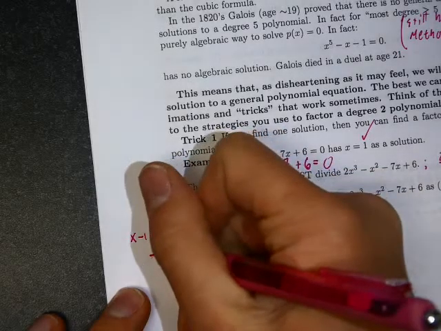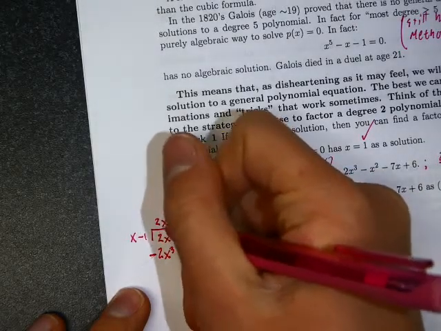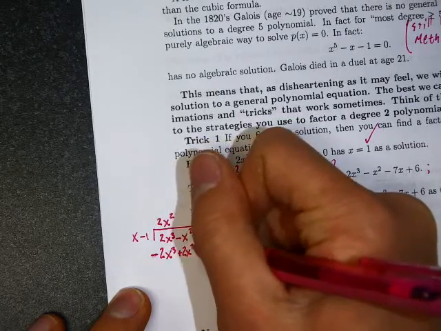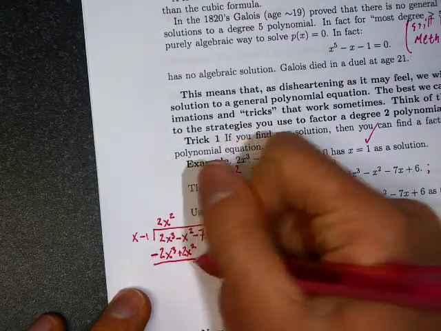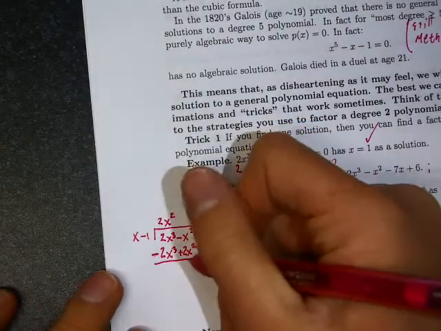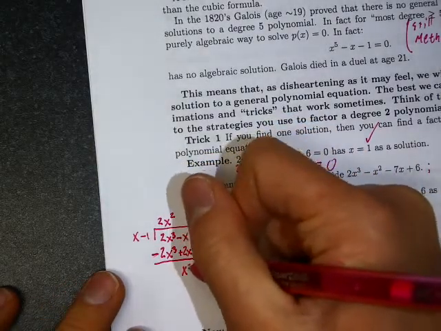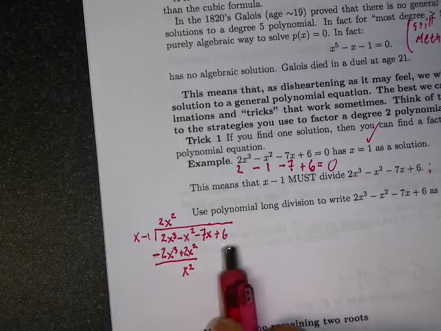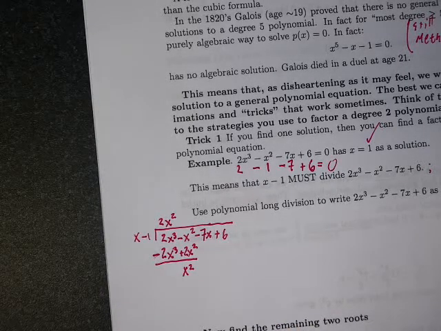So that's minus 2x cubed, minus 2x squared, so plus 2x squared. And I'll get now a new guess for what this quotient should be. That'll leave me with minus x squared plus 2x squared, so that's a total of x squared. So if I can now divide x minus 1 into x squared minus 7x plus 6, I'll be good. I'll be done.